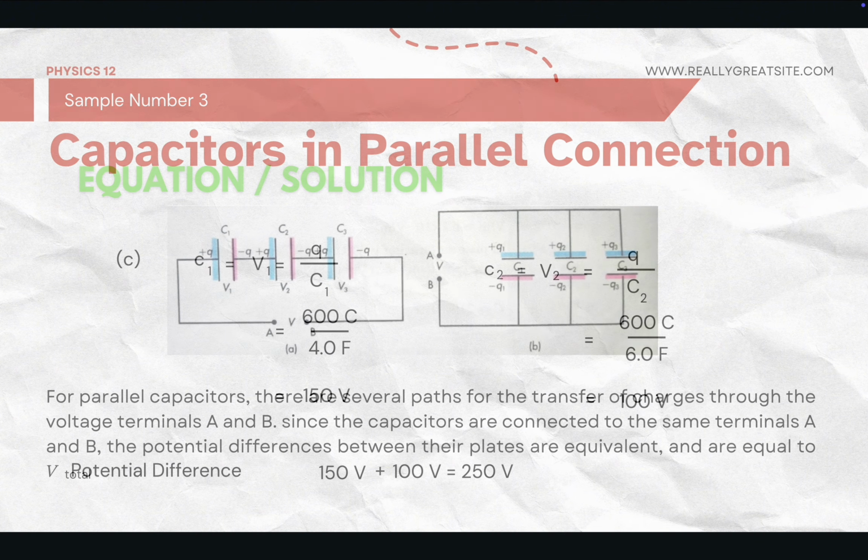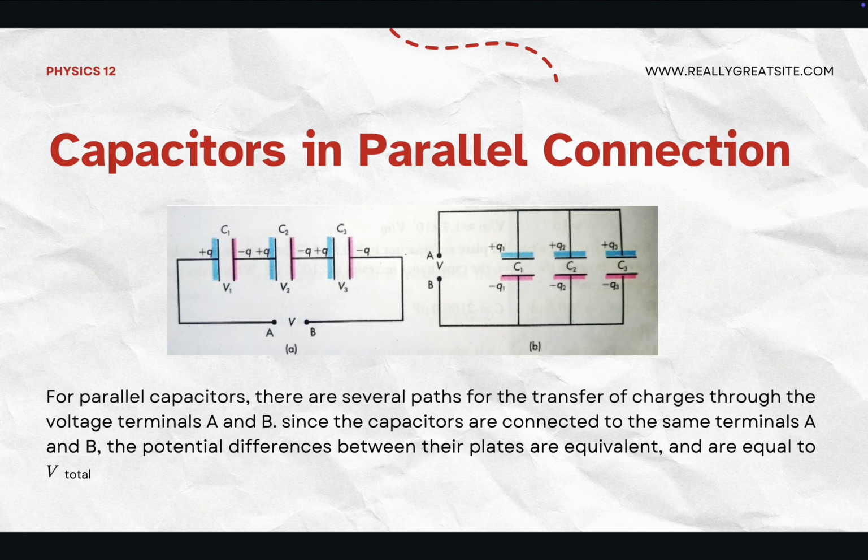Next is capacitor in parallel connection. Ito yung nasa right sa image. Ito, magkakalinya. So, dito sa parallel, iba ang formula para sa total capacitance and charge stored and yung potential difference. Iba yung gagamitin natin na formula dito.